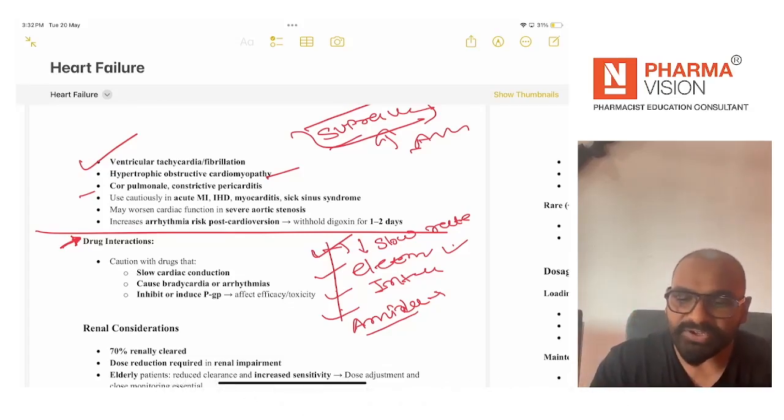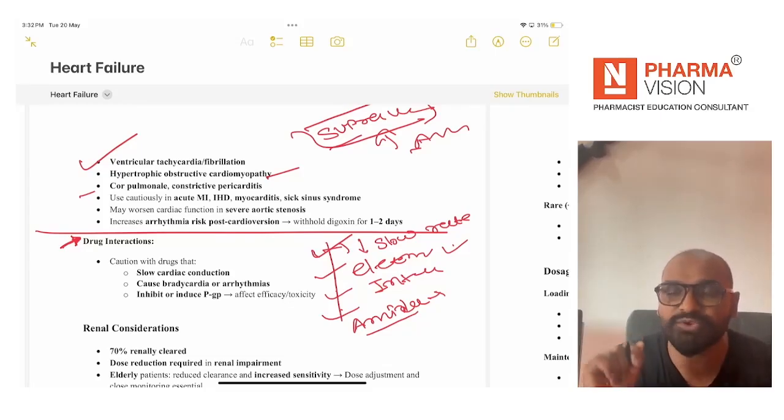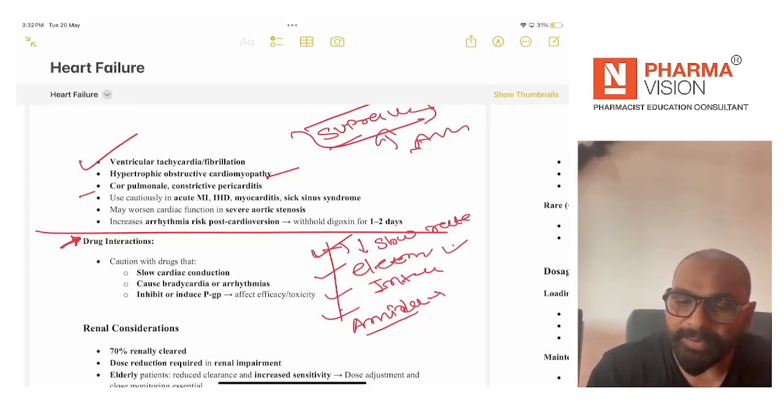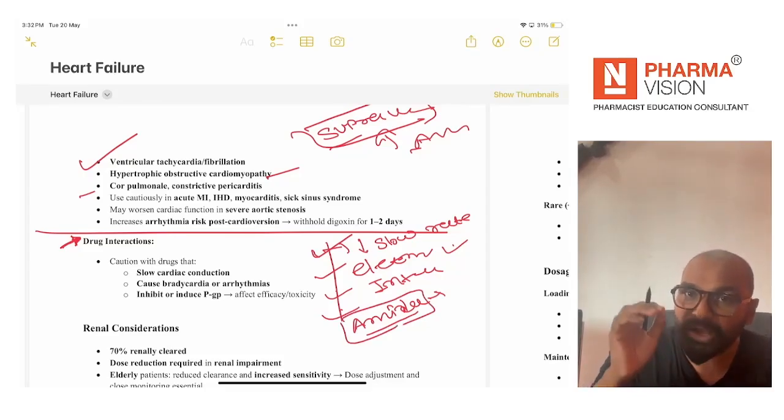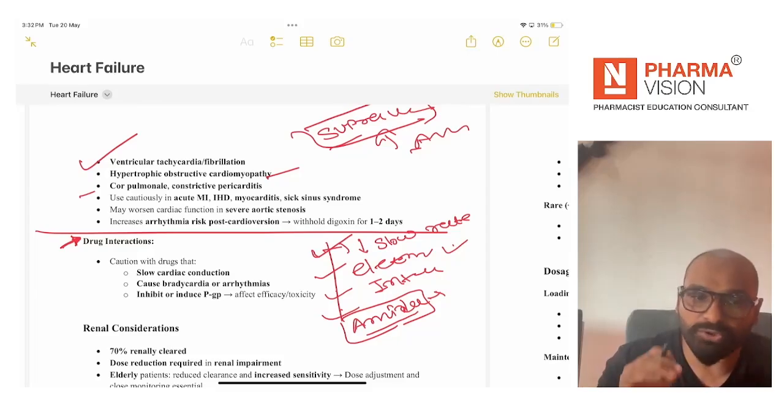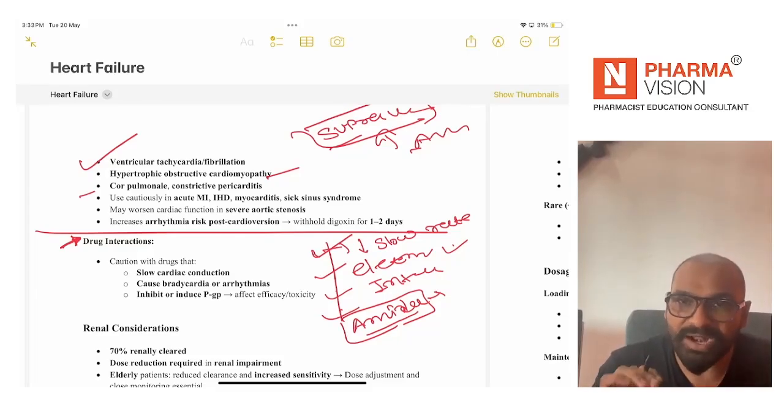For example, if the patient is taking amiodarone and you start a new medication of digoxin, start with the lowest possible dose and gradually increase. Why is this combination very important from an exam point of view? Because amiodarone is the most commonly prescribed medication for arrhythmia, and digoxin is also widely prescribed. That's why this combination is very important.